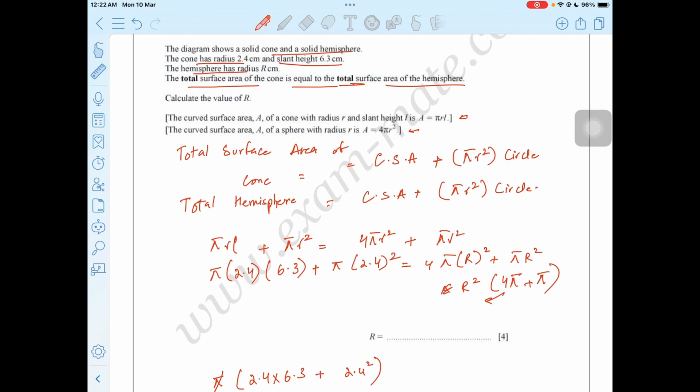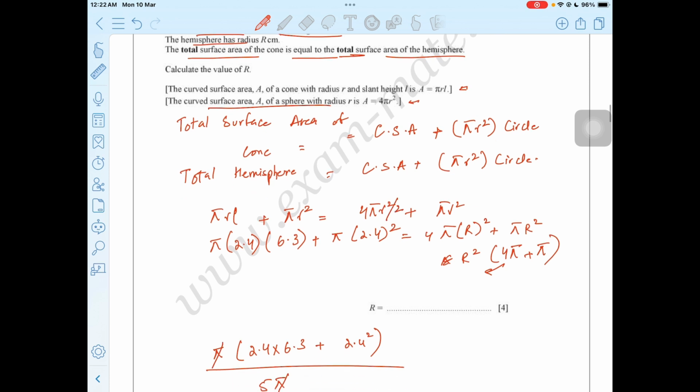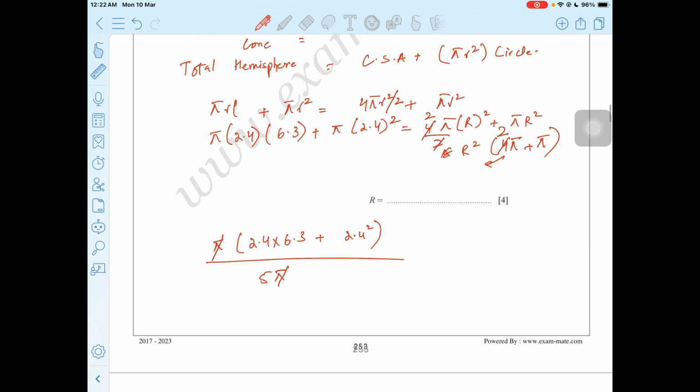And since this is, oh, I missed something, this is a sphere's curved surface area, so we have to divide it by 2, right? So this will be divided by 2 to get our answer as 2. This would be 2 and this would be 3, right? So let's just recorrect it.